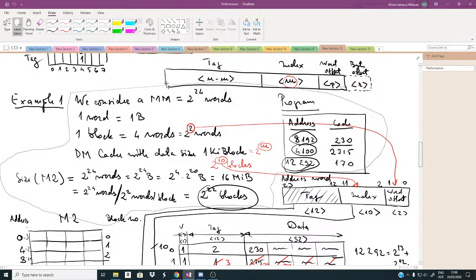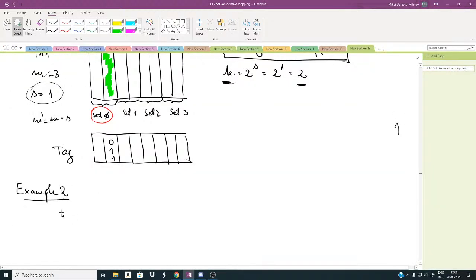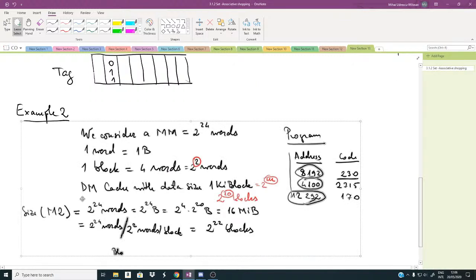So we are talking about the same example. It's just that this time the same size of the main memory, a word is one block for words. But this time we don't have direct mapping. This time we have two-way associative mapping, right?